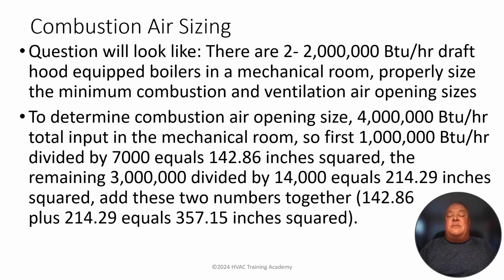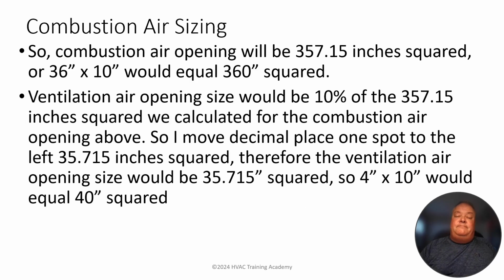Adding those two numbers together equals 357.15 inches squared. So the combustion air opening coming into that boiler room is going to be 357.15 inches squared, or if we went 36 by 10, would be 360 inches squared. So a 10-inch wide opening, 36 inches long would be acceptable in this case.